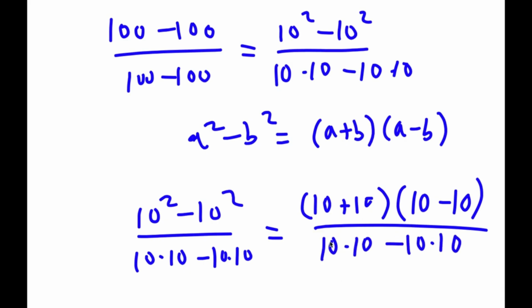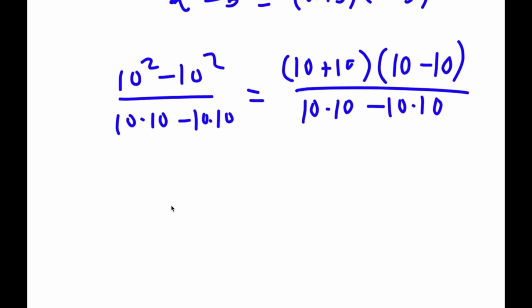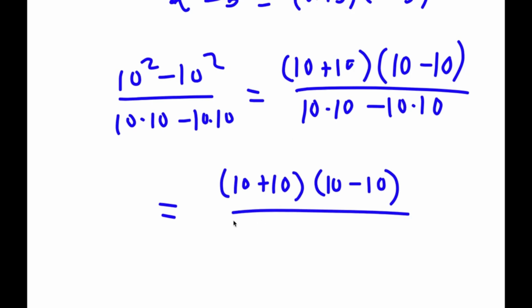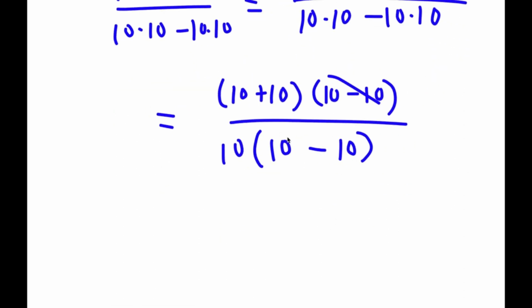And now from the denominator, if I factor out 10, I get 10 times, from here, all that's going to be left is 10 minus, from here, 10. And now, I'm simply going to cancel out these two 10 minus 10s.